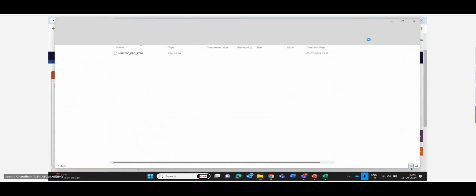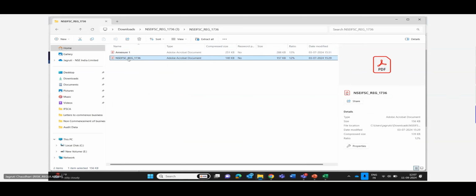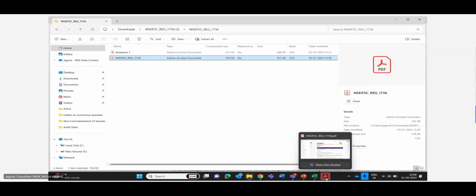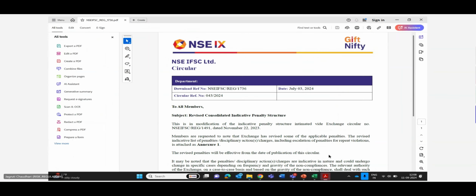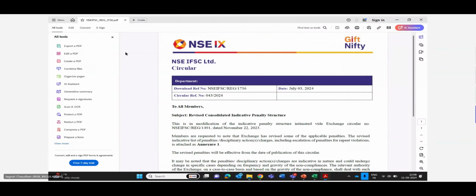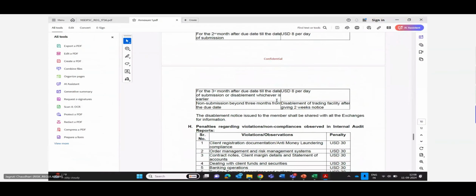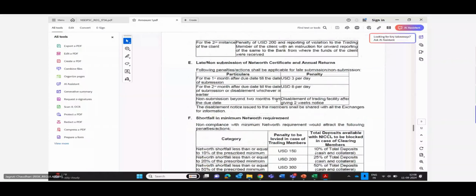From our side, we want all the members to be compliant so that these penalties are not levied on them, but at the same time it's very important for all of us to know the penalty structure. This is the circular where the penalty is mentioned. It's a very exhaustive circular. I request everybody to go through it.